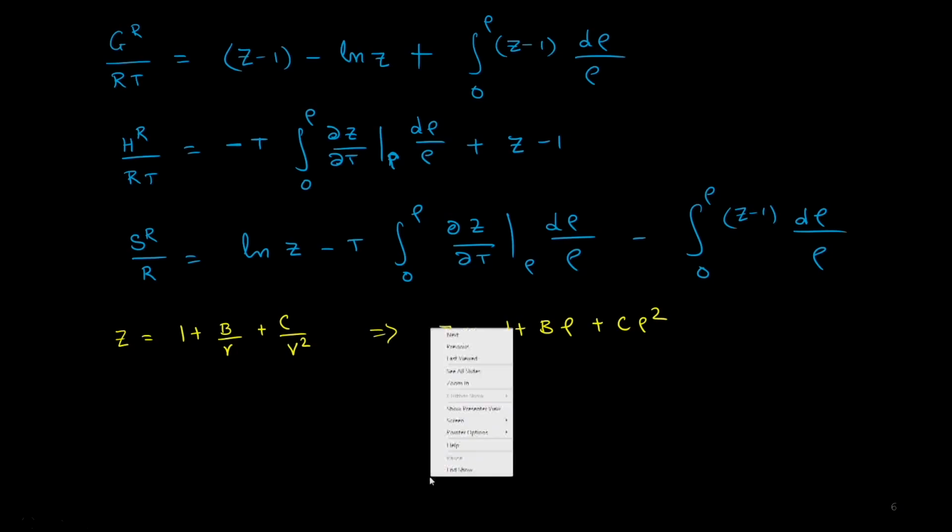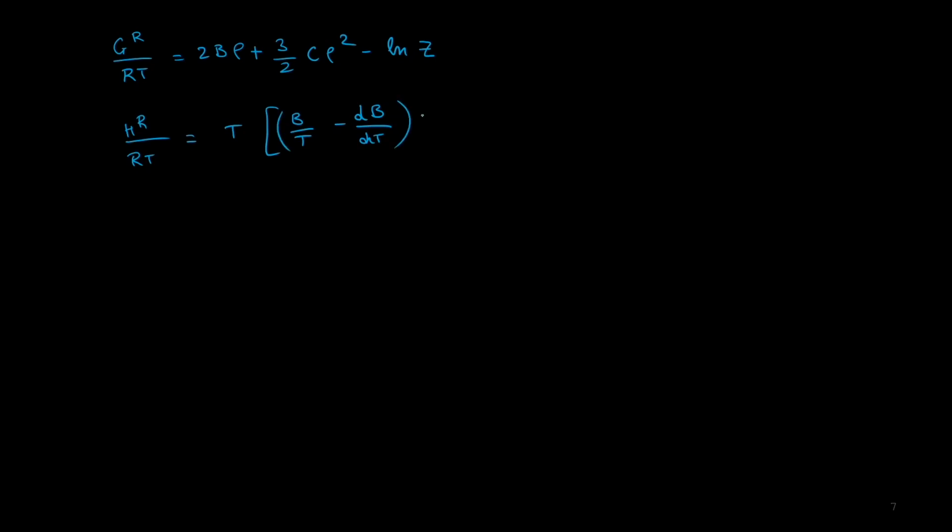Let's just write them down in a separate slide. GR over RT is going to be 2B times the density plus 3 by 2 C density squared minus ln Z, right? HR over RT is T times (B over T minus dB by dT) rho plus (C over T minus half dC by dT) rho squared.